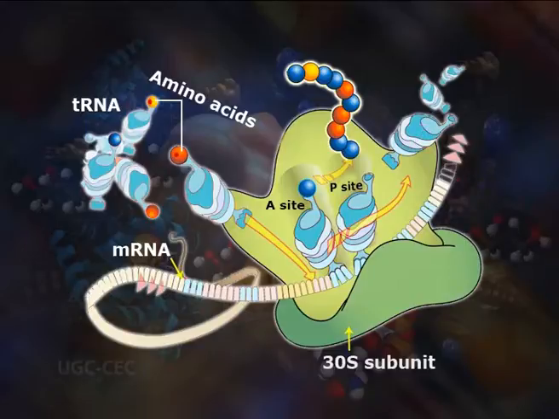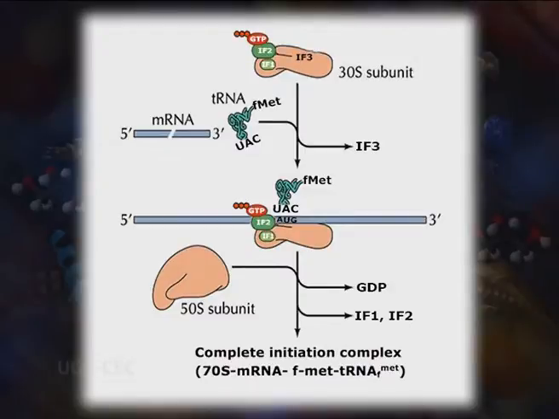In the case of first amino acyl tRNA, that of F-met tRNA F-met, the entry appears to be directly into the P site of the 30S subunit. GTP is also required for the successful initiation. GTP binds to the F-met tRNA F-met before it attaches to the mRNA 30S complex.